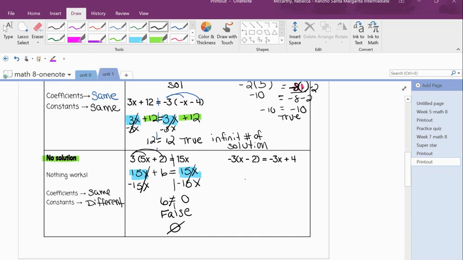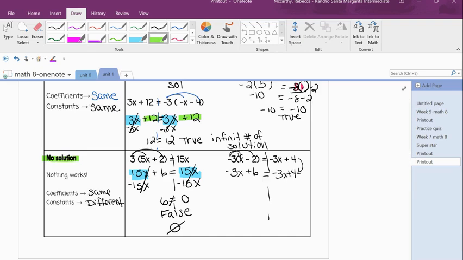Okay, let's look at this example here. I'm going to simplify both sides first. So negative 3 times x gives me a negative 3x. And negative 3 times a negative 2 gives me a positive 6. So that's simplified. I cannot combine like terms. Now I'm going to bring this down. I have 3x plus 4.